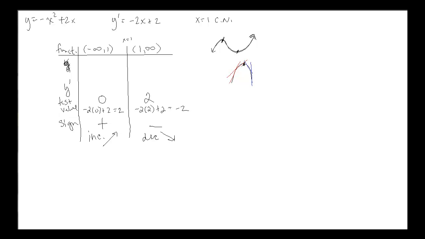So I would say, my final answer would be, this is increasing on negative infinity to 1 and decreasing on 1 to positive infinity. And you can always graph these to double check to get a visual confirmation that in fact you're increasing or decreasing. Okay?